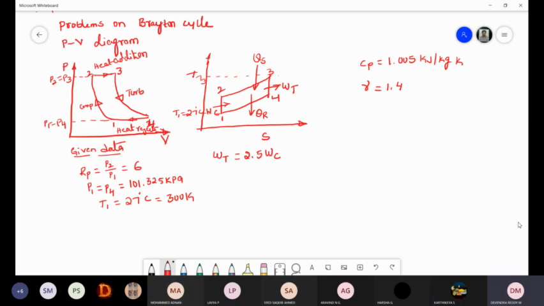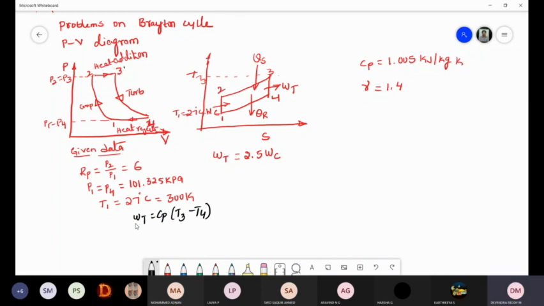Now answer. What is the turbine work? WT is equal to Cp into T3 minus T4, because T3 is greater than T4.